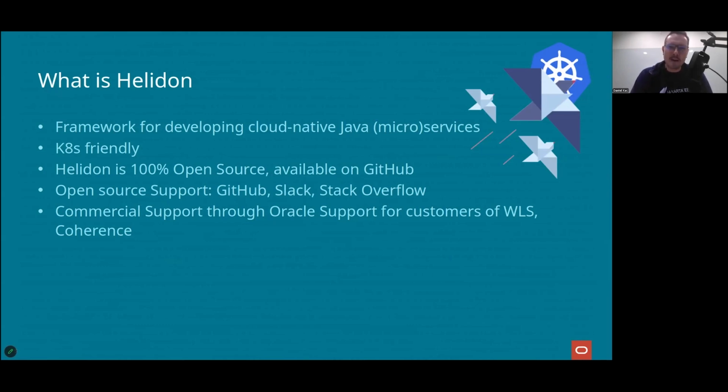So we are a web server built to play really nice with Kubernetes. We are completely open source. All the source code of Helidon is available at GitHub, even though we are backed by Oracle. Unlike Spring Boot, Helidon keeps the number of third-party dependencies as low as possible.